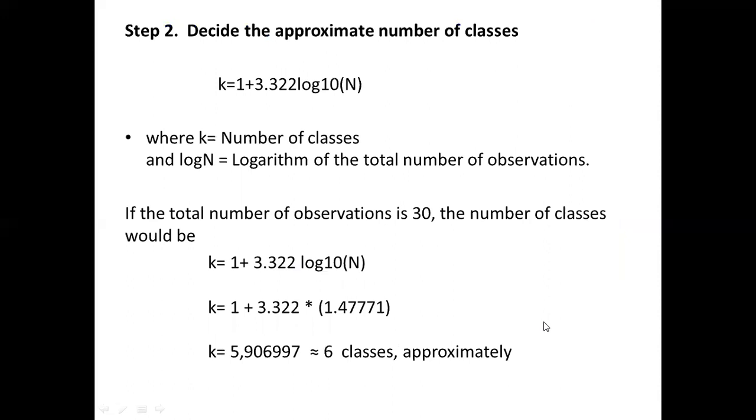Step number 2, decide the approximate number of classes in which the data are to be grouped. There are no hard and fast rules for the number of classes. In most cases we have 5 to 20 classes. Sturges provides us a formula for determining the approximate number of classes.